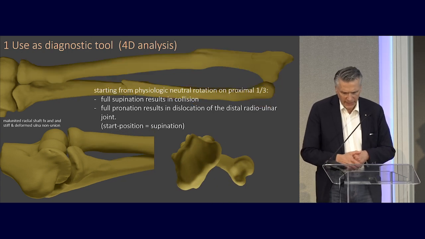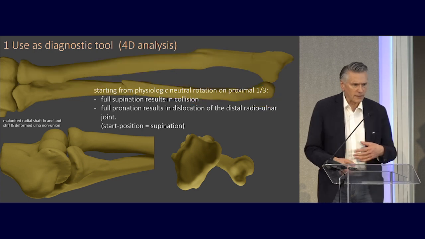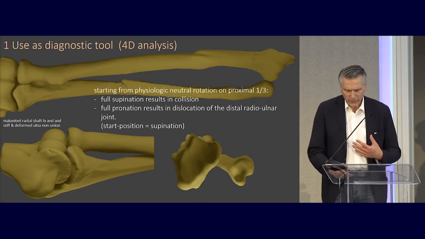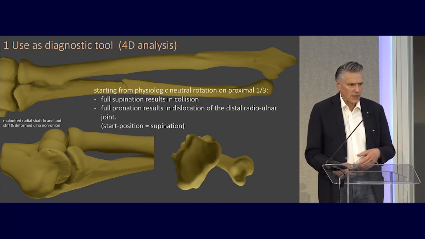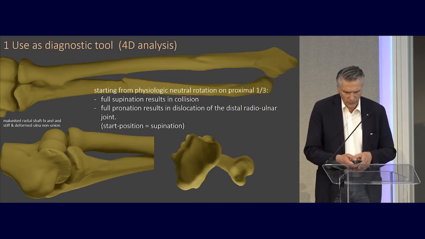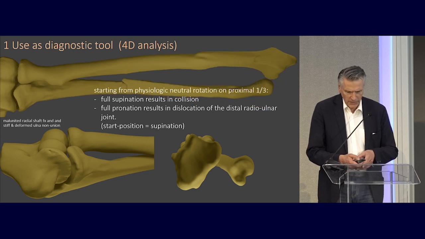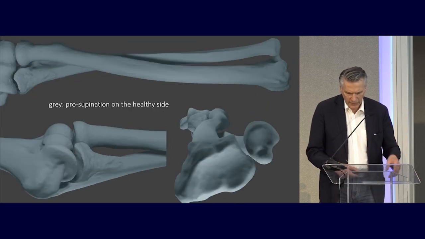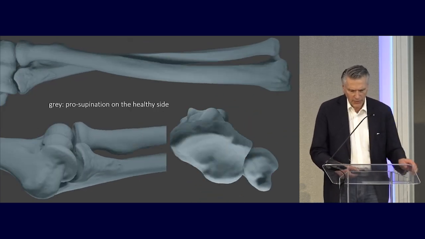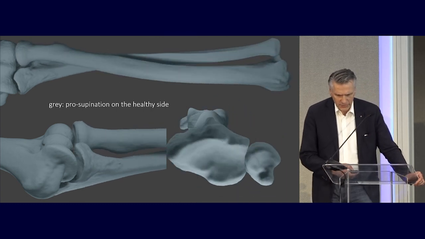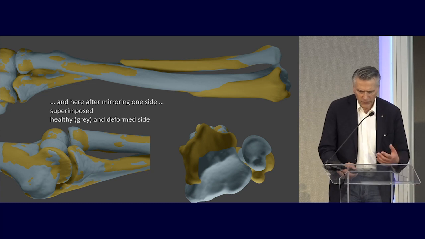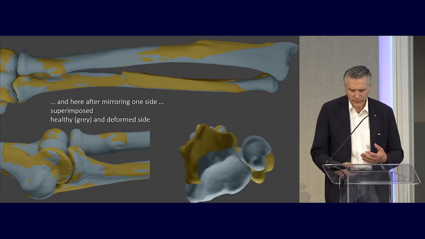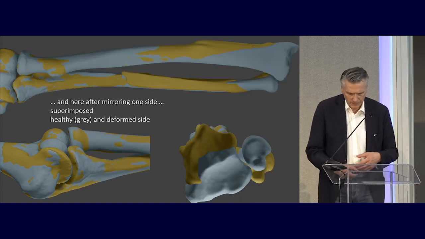The 3D analysis and the 3D printed models help us not only to analyze the deformity, but also find out the location and the placements for the corrective osteotomy in order to achieve union. So we just mirror and copy the healthy side, which is in gray, to the ipsilateral deformed side, and we can now clearly identify the problems.